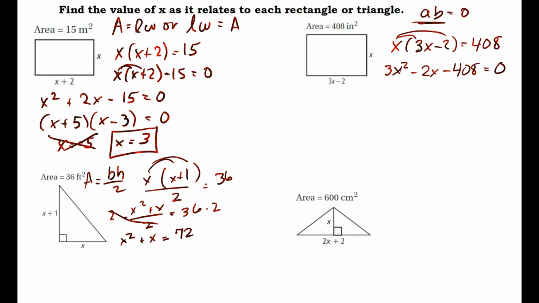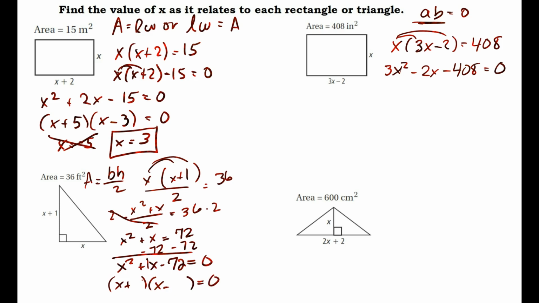All right. And now we need to subtract 72 from both sides. And we get x squared plus x minus 72 is equal to 0. And now, factors of 72 that give me 1? Well, 8 and 9 do that. And that sign says there are two different signs, so one we're adding, one we're subtracting, is equal to 0.